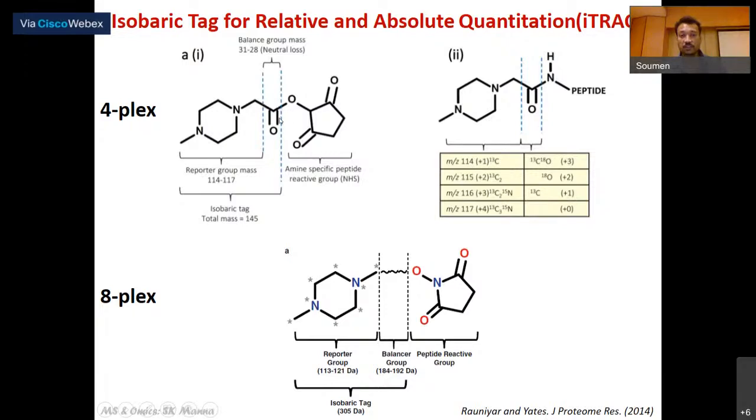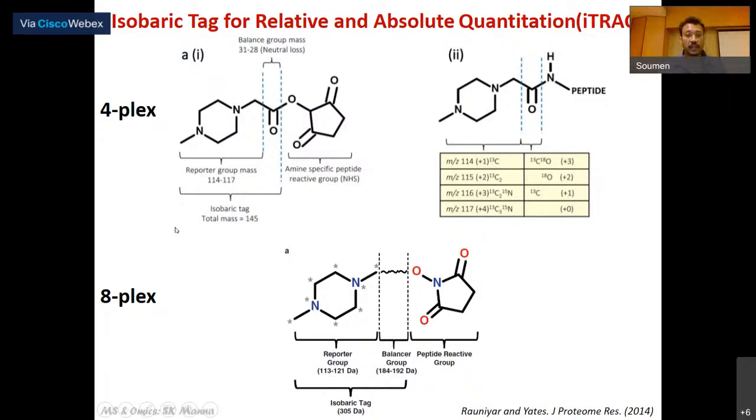Here you can also use 4 different masses by combining isotopes of 13C: there are 2 13C and 18O. So you can have 0, 13C, 18O, and 13C plus 18O. Overall mass will be exactly same in all cases, which will be 145. But this reporter group will tell you which group you have taken from.